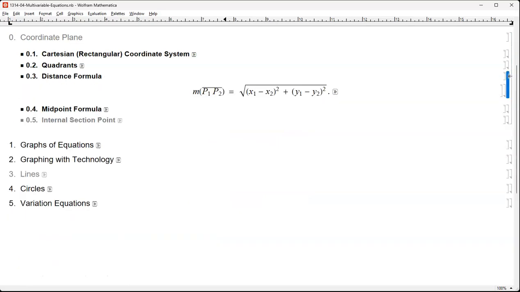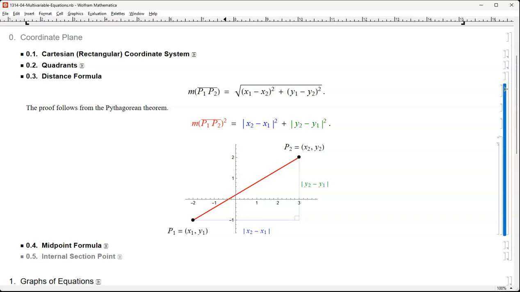Next, the distance formula. Okay, remember this formula? You don't? Okay, then you can easily deduce it from this picture. The picture explains it all. You're looking for the distance from P1 to P2, so it's basically the hypotenuse of this right triangle.